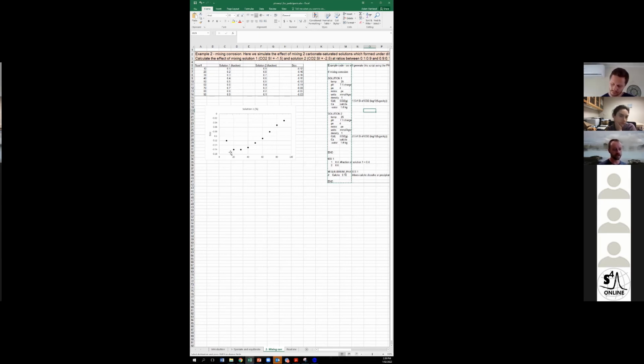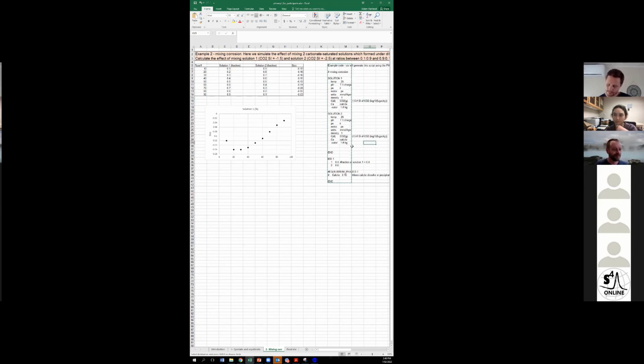So as a percent, on the x-axis, this would be the percentage of solution 1 in the mixture. And really, there's no mixture that gives you a saturated solution. Actually, all mixtures produce undersaturated solutions, which is quite surprising, not necessarily intuitive, but there you are.